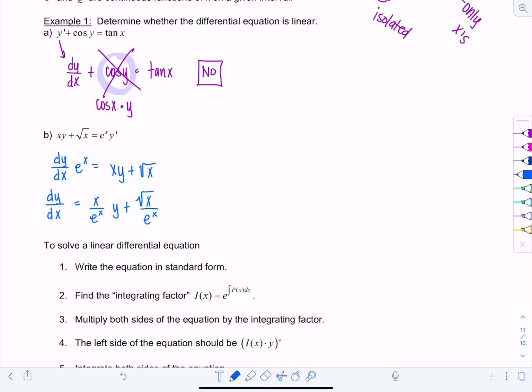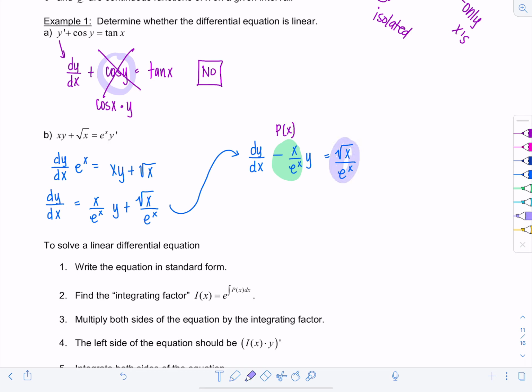And then remember, only x's are allowed on the right-hand side. So I'm going to rewrite this as dy/dx minus x over e to the x times y equals radical x over e to the x. Oh my goodness, this is a yes. This is my p of x right here. Tricky, tricky. This is the q of x.